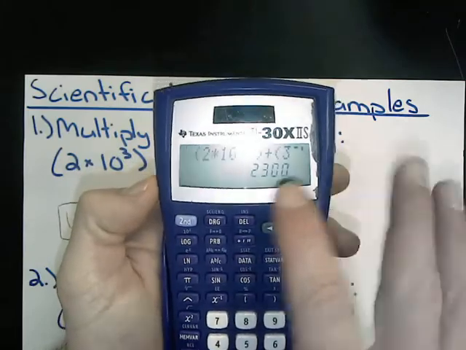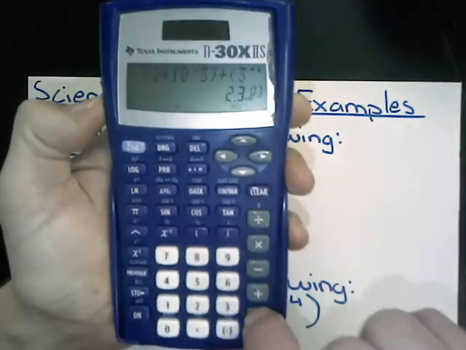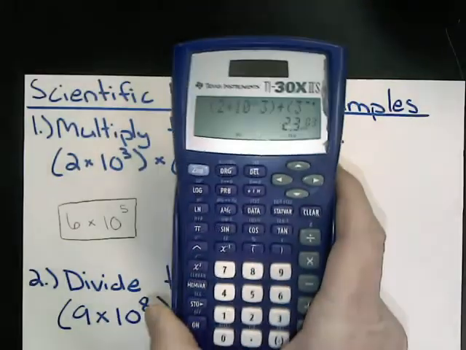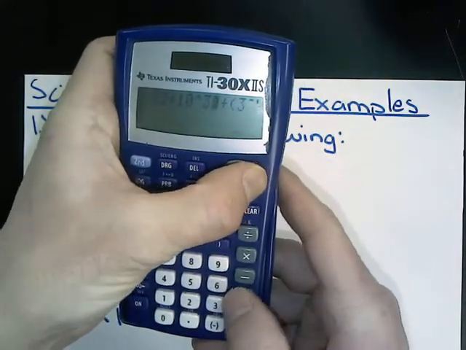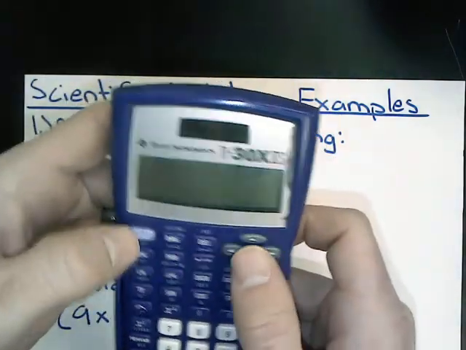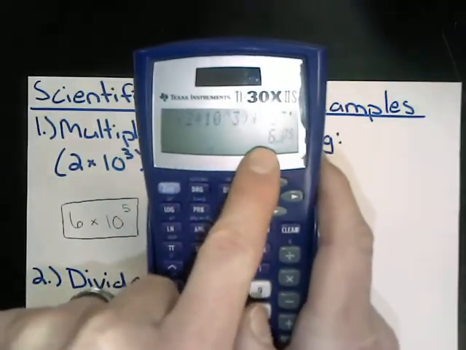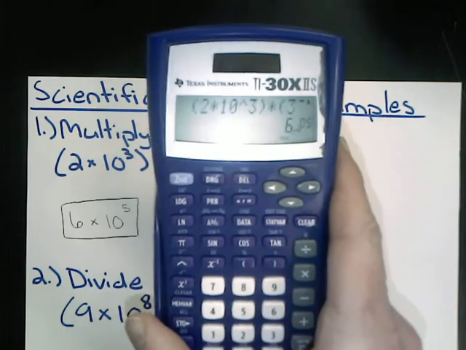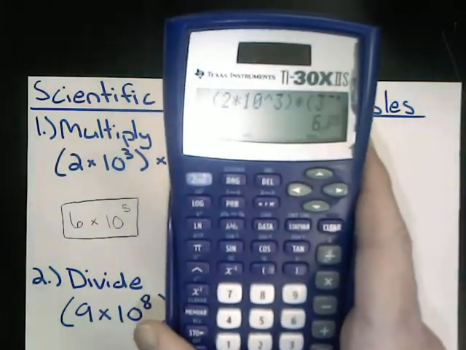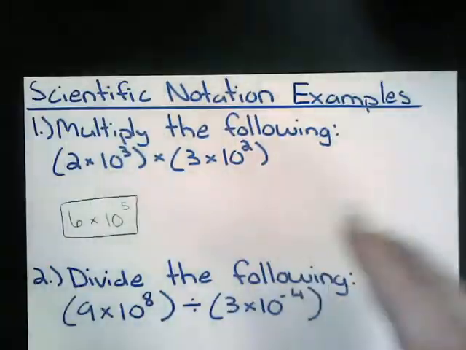I'm not in scientific notation, so I change that to scientific notation here, and we get this value. Again, we change that to scientific notation. We have 6 times 10 to the fifth. Very important here, double check your numbers you punch into the calculator and the buttons you press as well. But this does verify that is the correct answer.